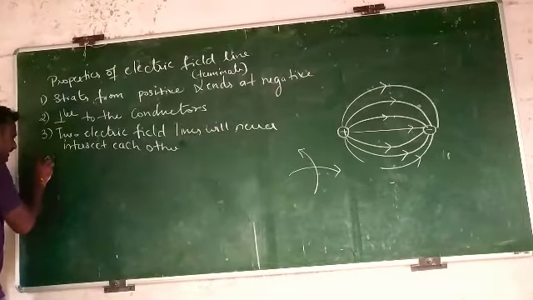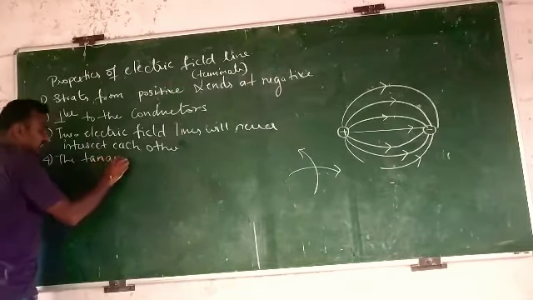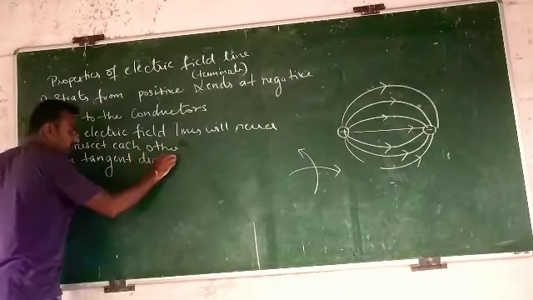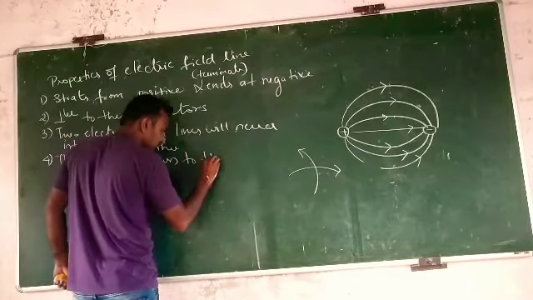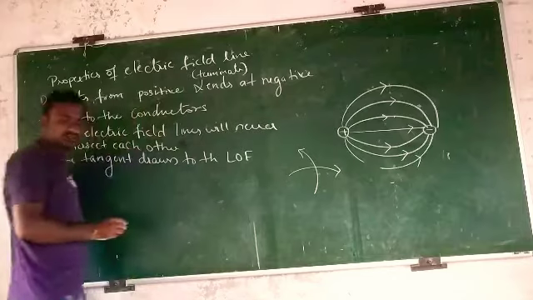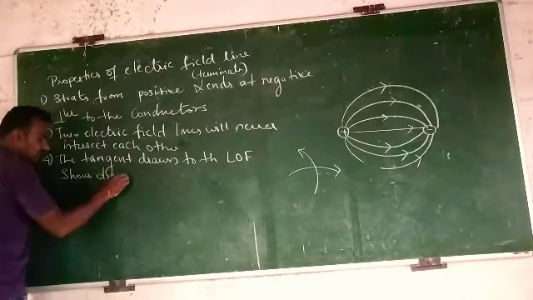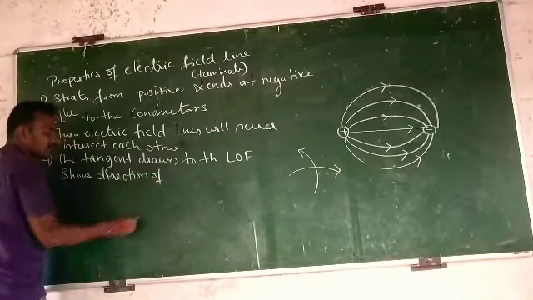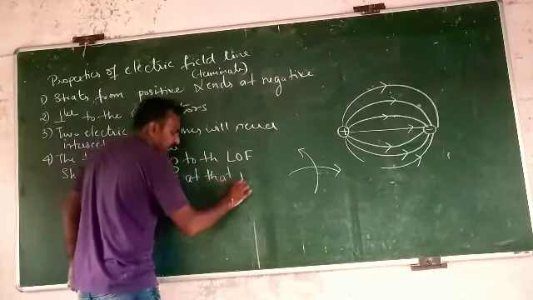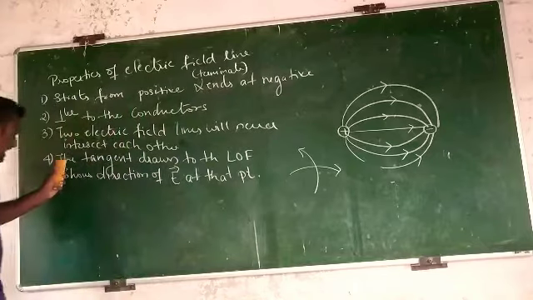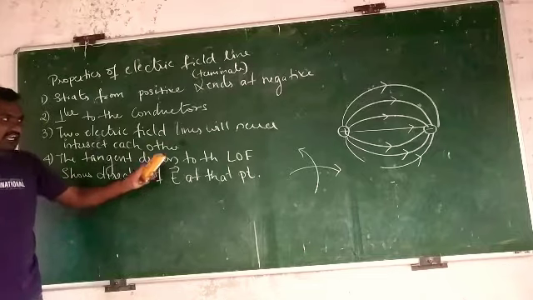The fourth property is that the tangent drawn to the lines of forces shows the direction of the electric field at that point.